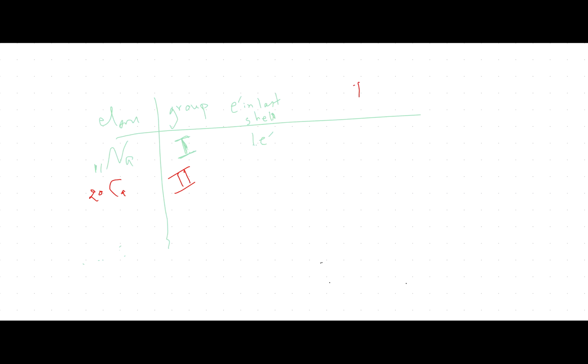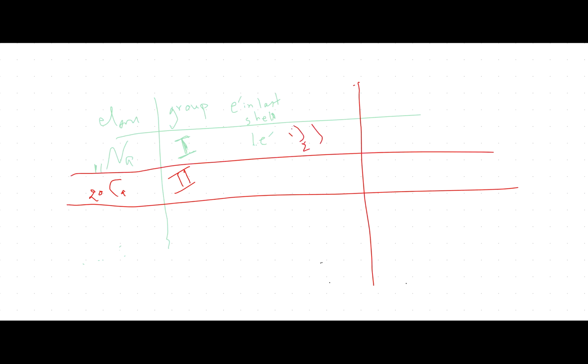Is it 2? 2, 8, 8, 2. Very good. So 2 electrons. Okay? Are you understanding what I did here? I am distributing the electrons. I don't need to make them as dots. Okay?